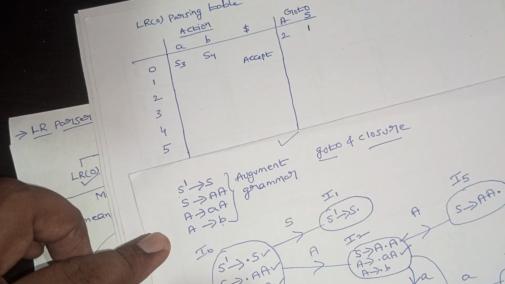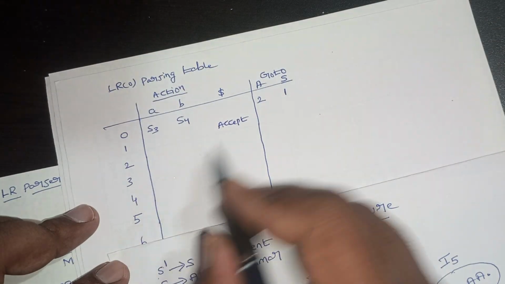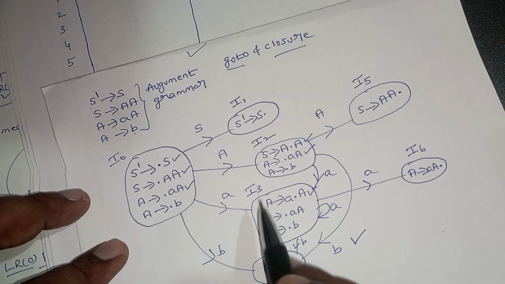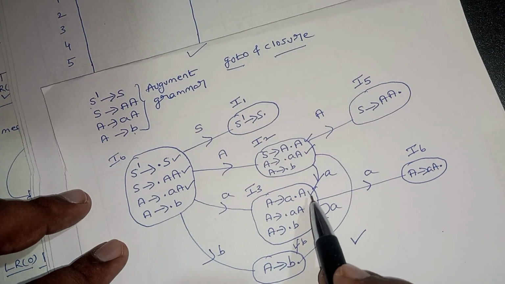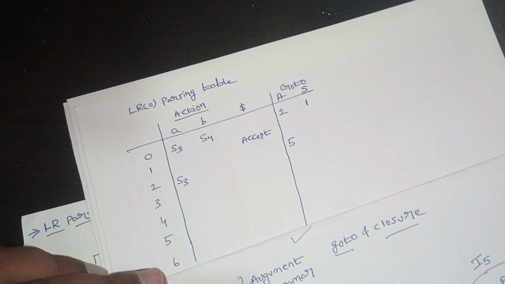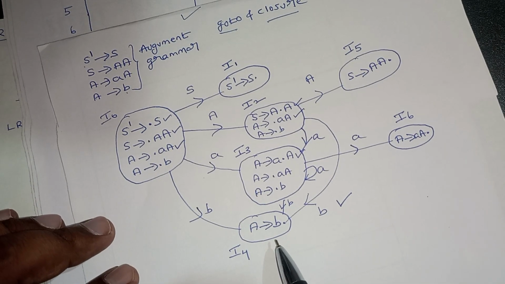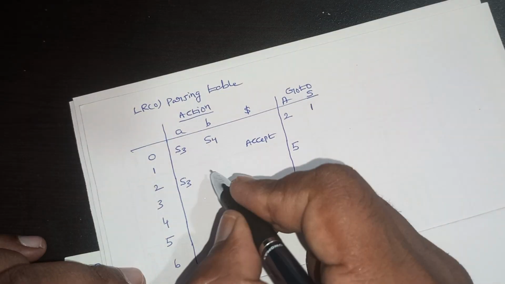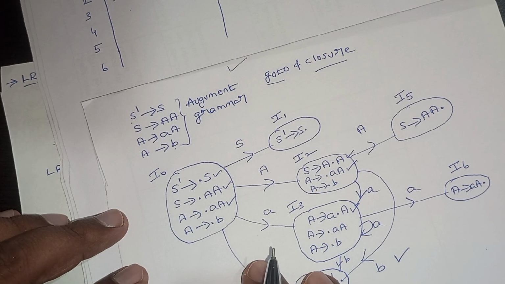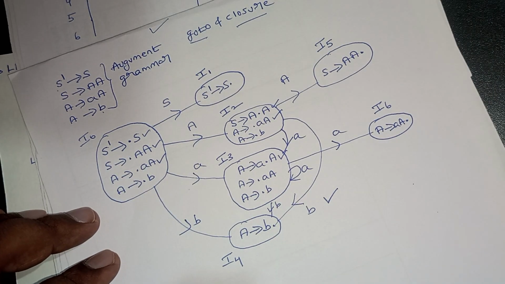Next, what is I2? I2 on A, it is 5. I2 on small a, it is S3. I2 on small b, it is S4. Next I3.